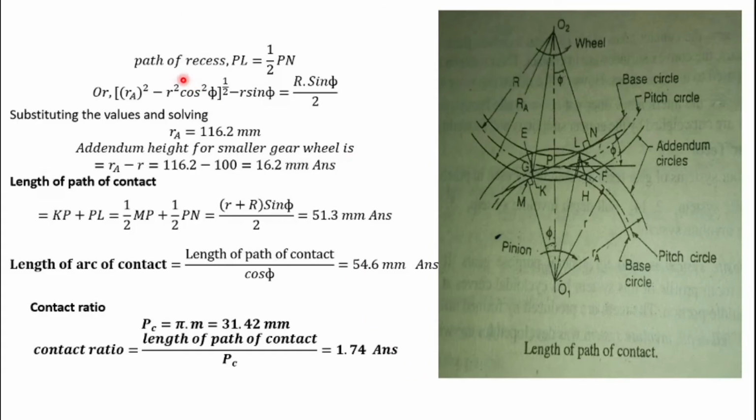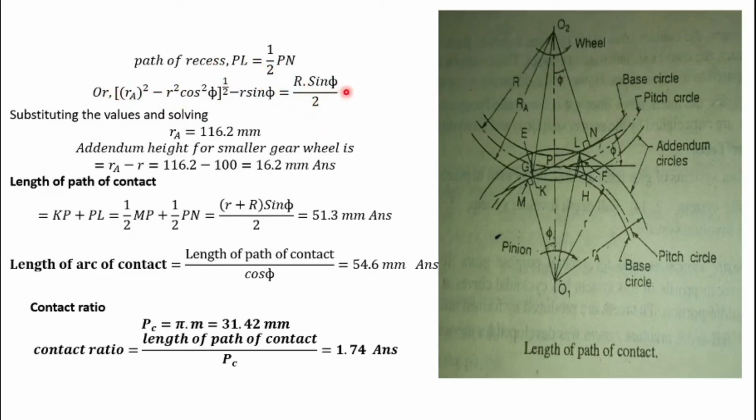Now the path of recess. We know the path of approach is KP, then the path of recess is PL, which according to the question is half of the maximum possible length, that is, half of PN. The path of recess PL is equal to this much, we have derived the formula, and PN is r sine phi, divided by 2.